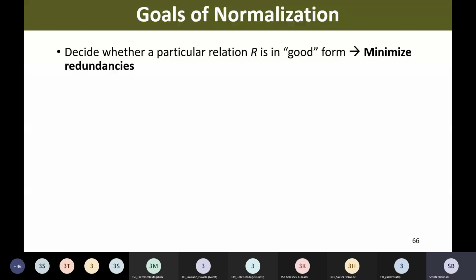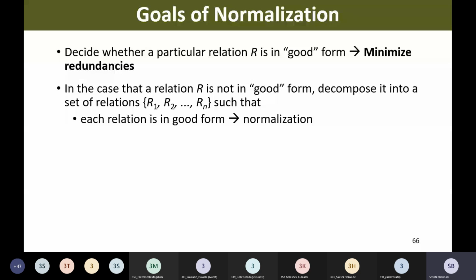If it is not in good form, we need to minimize the redundancies so that we do not have any anomalies in our relations. In the case that a relation is not in good form, we need to decompose our relation into a set of relations R1, R2 up to Rn, such that each relation is in good form, or each relation is in one of the normal forms.